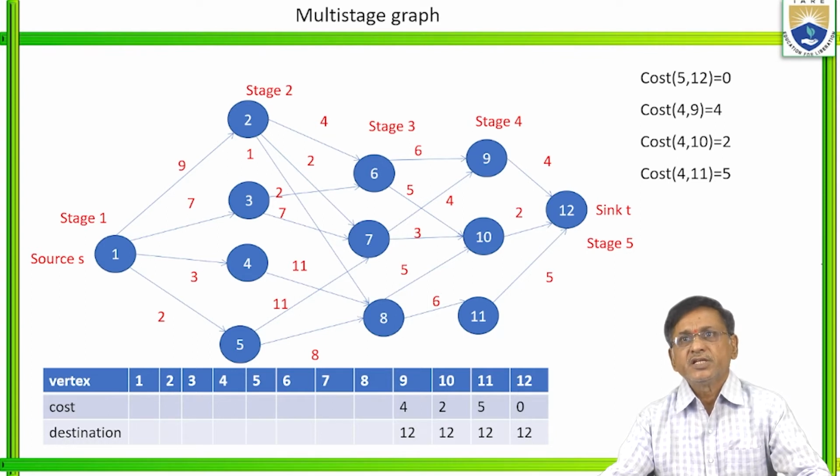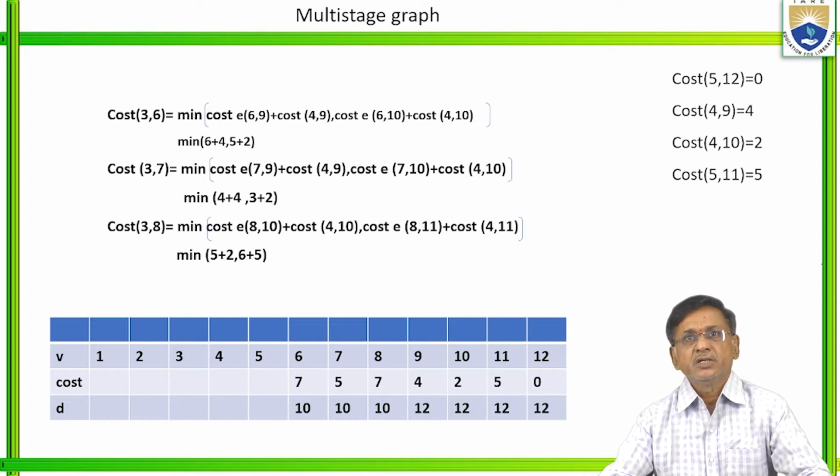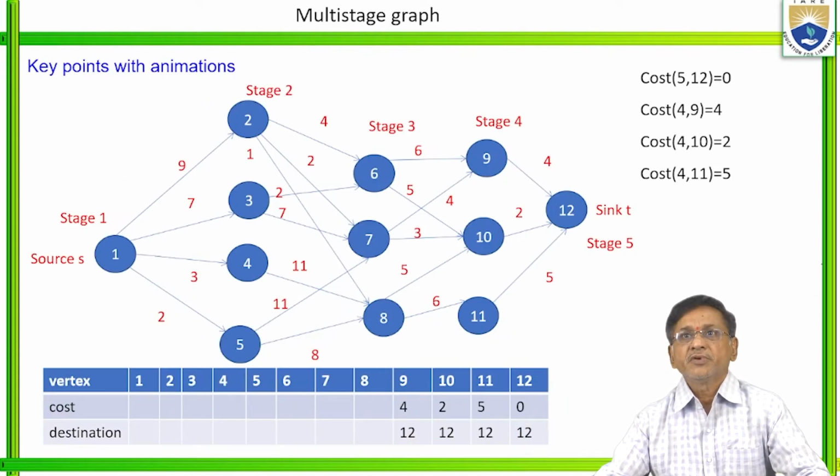Now we can consider the third stage. From the third stage we have to calculate the cost. So the cost of the vertex 6 in the third stage is equal to the minimum of cost of an edge 6 to vertex 9 plus cost of vertex 9 in the fourth stage, comma, cost of an edge, because you can see from the stage 3, vertex 6 is having two paths.